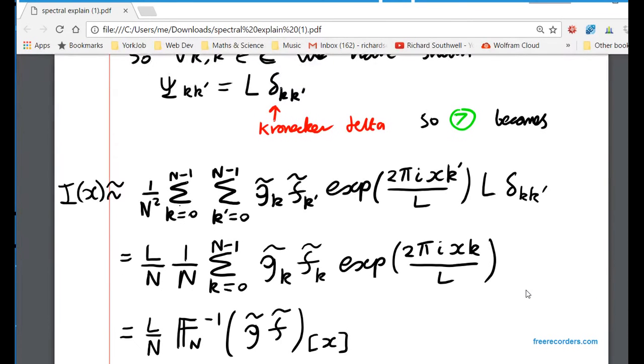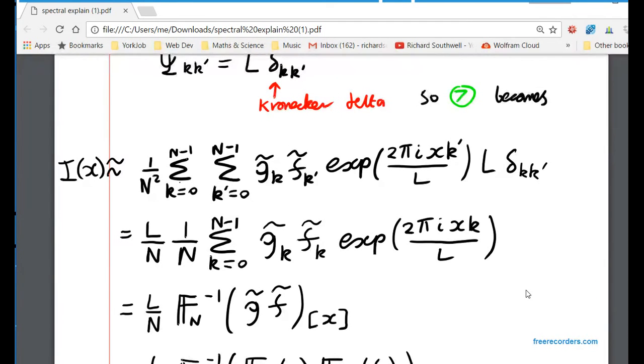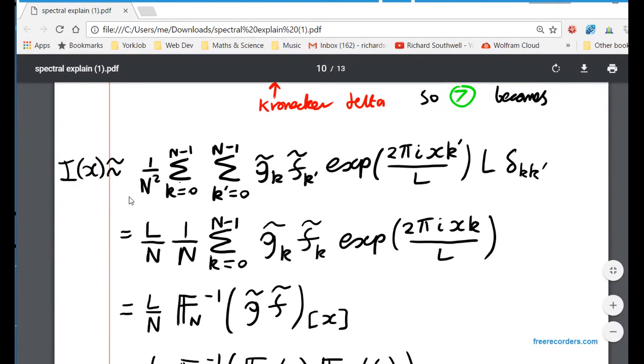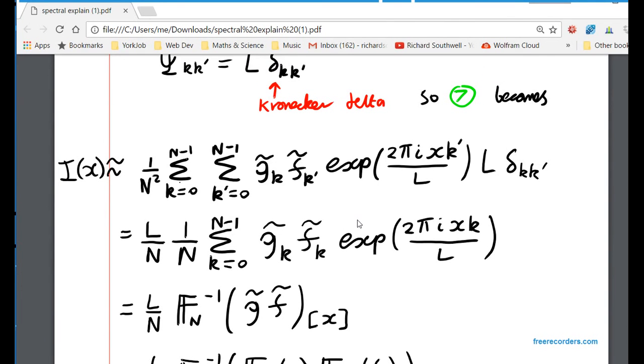And then if we look at the form of this, you can see that it's L divided by n times something which has just the same form as we get in equation 3, except we've got the product here of g tilde k and f tilde k, where we would normally have our Fourier coefficients appearing in that formula.